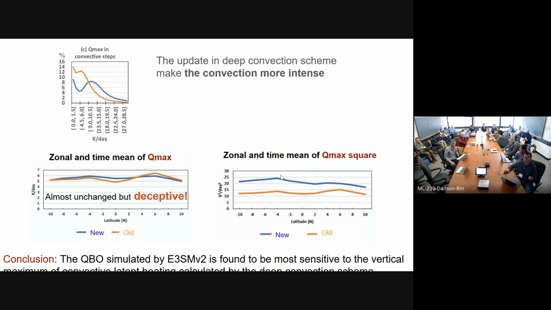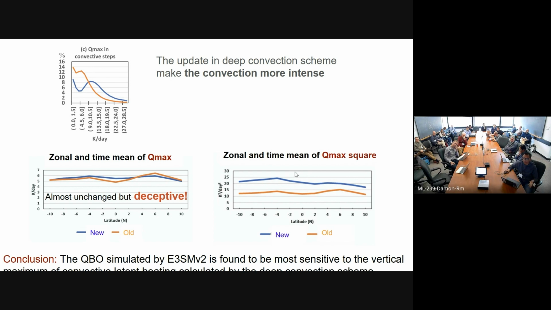So we have to calculate the climatology of the maximum heating rate square. Here you can see the blue line has increased significantly from the orange line, and this represents the variance of the convection.